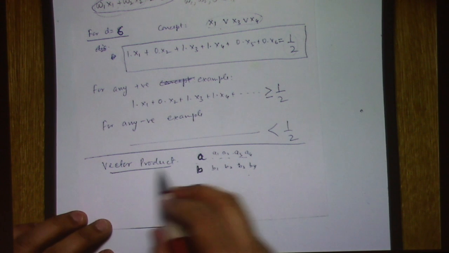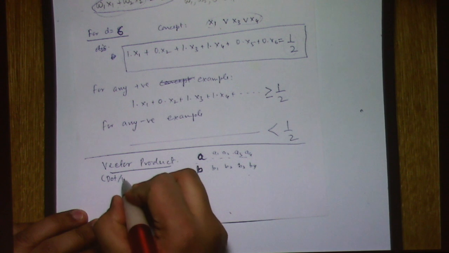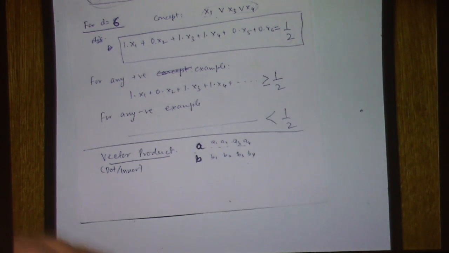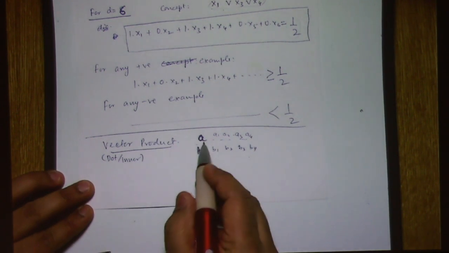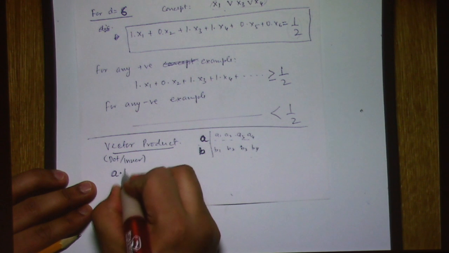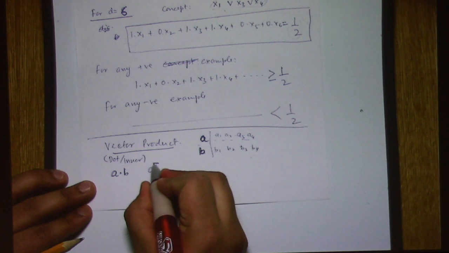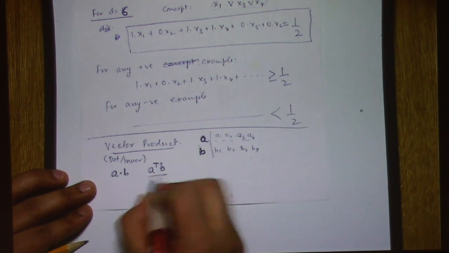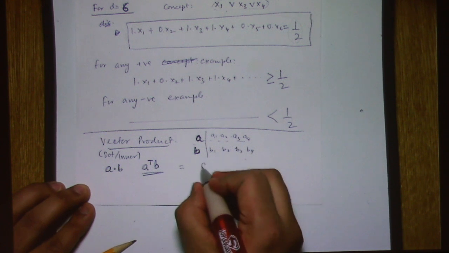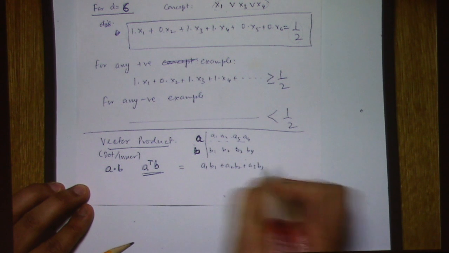A vector product, also known as a dot product or an inner product, can be written as A dot B, or as what I will use the most, A transpose B. These are all equal to A1 B1 plus A2 B2 plus A3 B3.